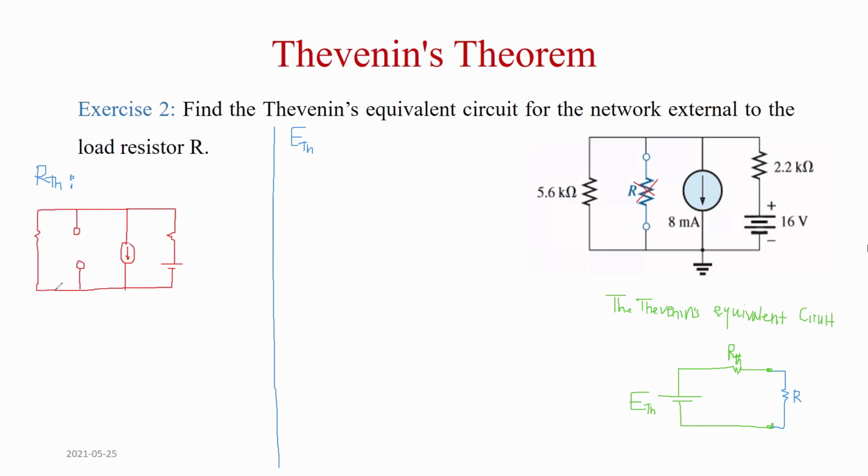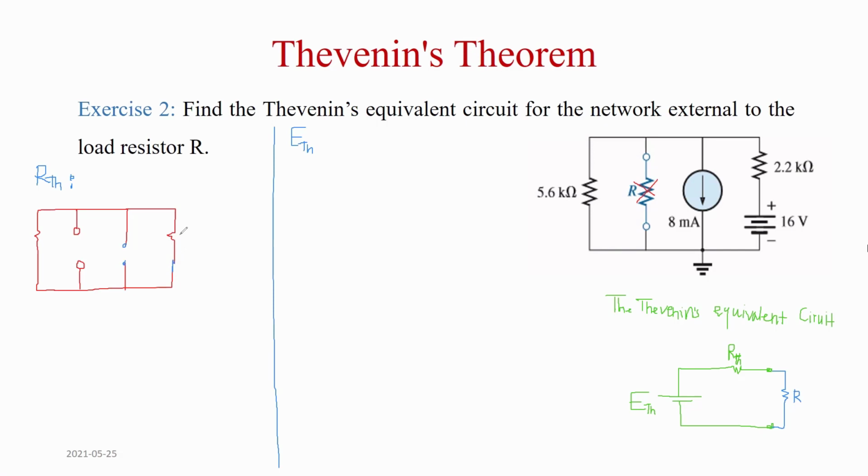So what I'm gonna do, I have to remove the sources, because I want to find R Thevenin only. So this source is gone, and this source is gone. I replace them: the current source is replaced with an open circuit, so current will be 0 here, and a short circuit for the voltage source.